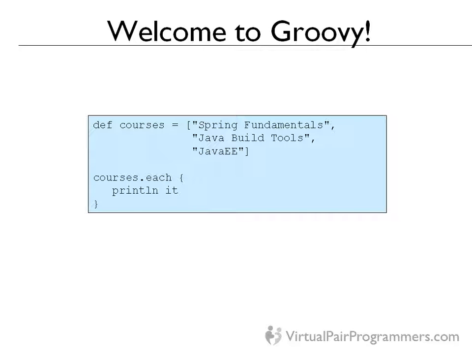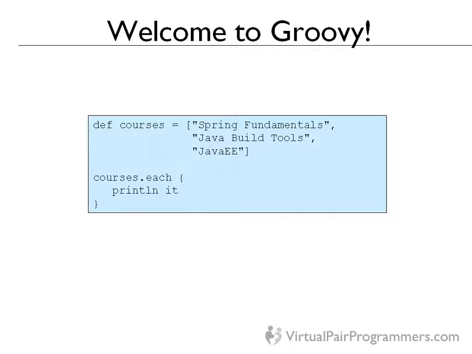Now, one of the most powerful features of Groovy for me is that you can be very expressive with Groovy. By that, I mean, if you look on the right-hand side of this equals sign, I'm using here some syntax that isn't present in Java at all. The square brackets are telling Groovy that I want to set up a collection.